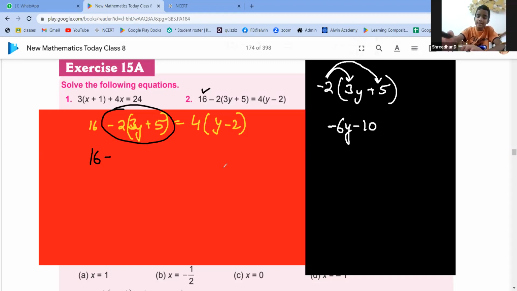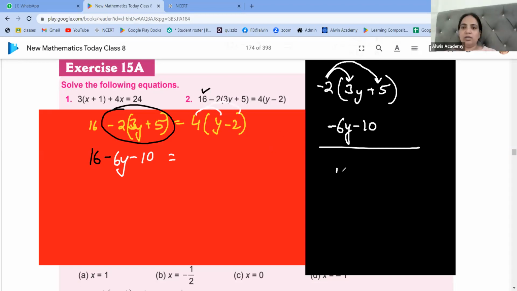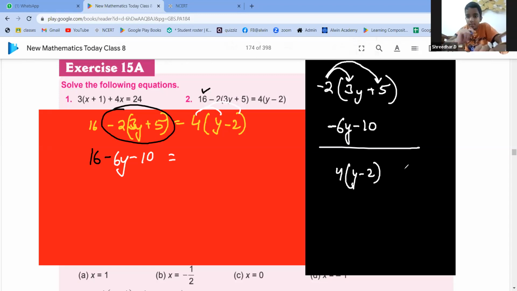Ma'am, actually I made a mistake. Never mind, let's do this. Negative 6y minus 10 equals. Now let's solve the right side. Sridhar beta, tell me the answer. Ma'am, first it will be 4y, then minus 8.